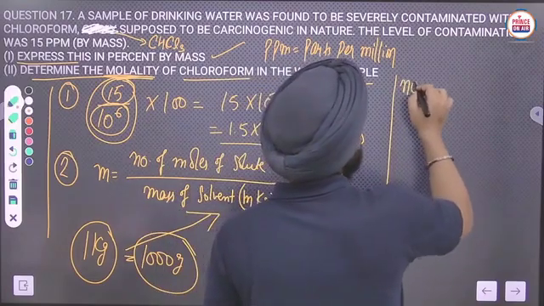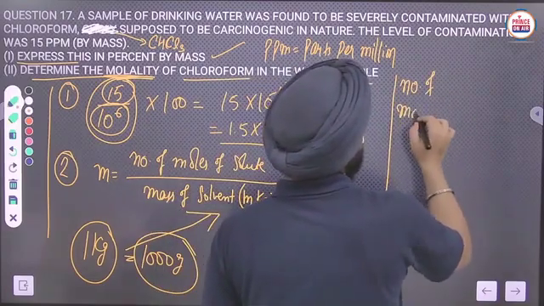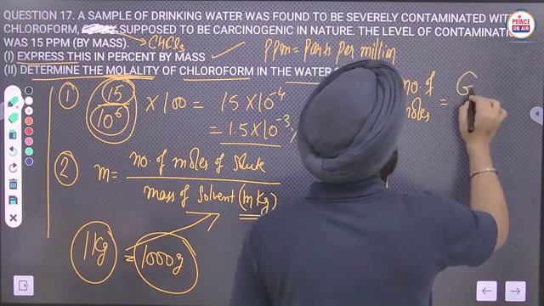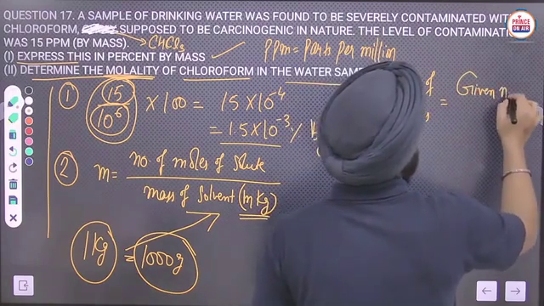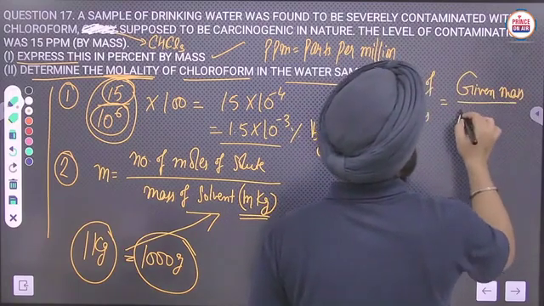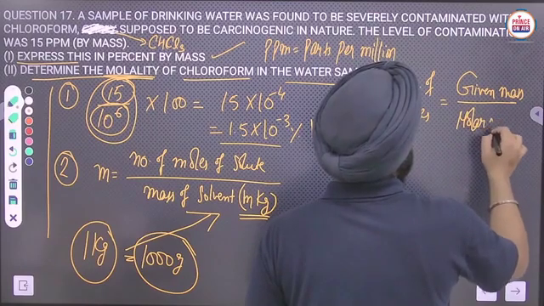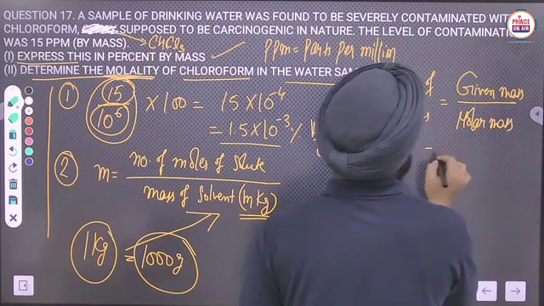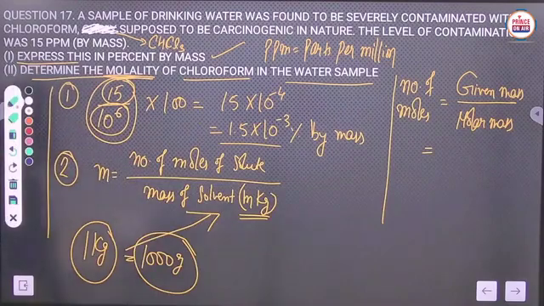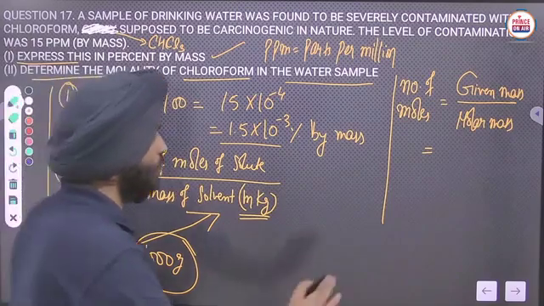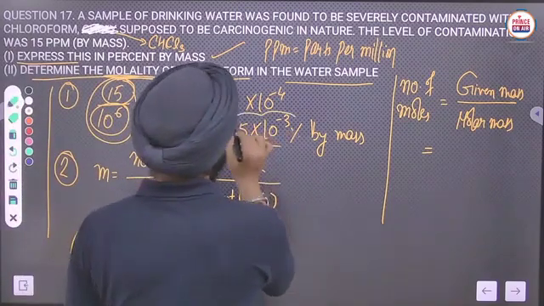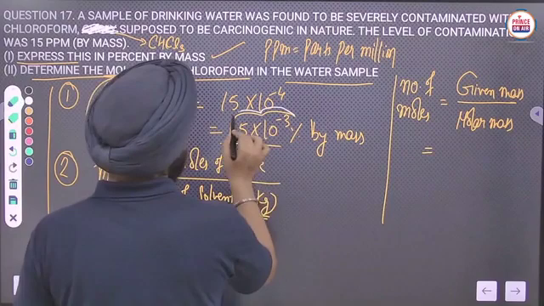Number of moles will be given mass upon molar mass. Firstly, calculate the molar mass of chloroform here. You got that from this value, from this result.